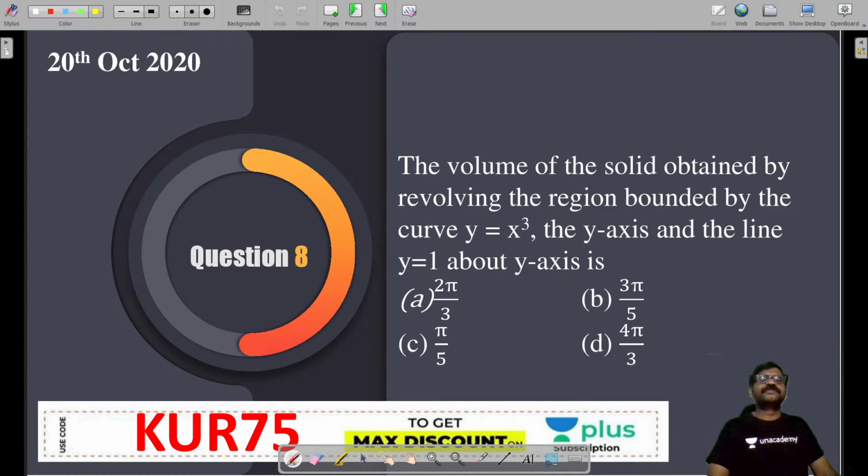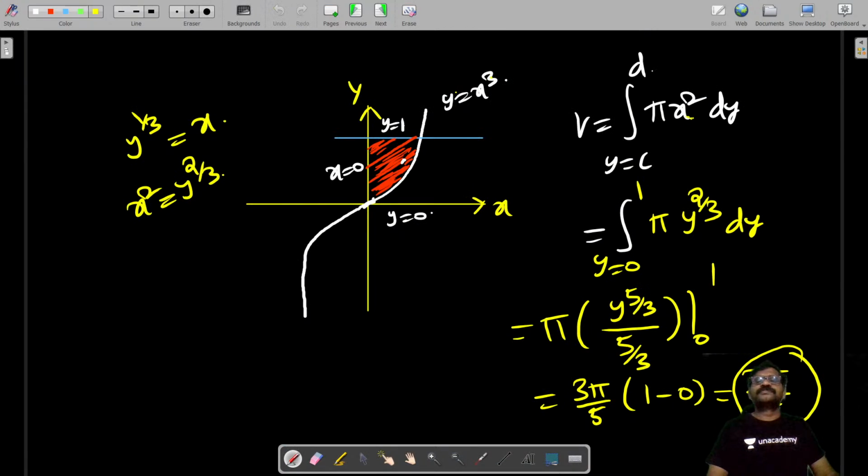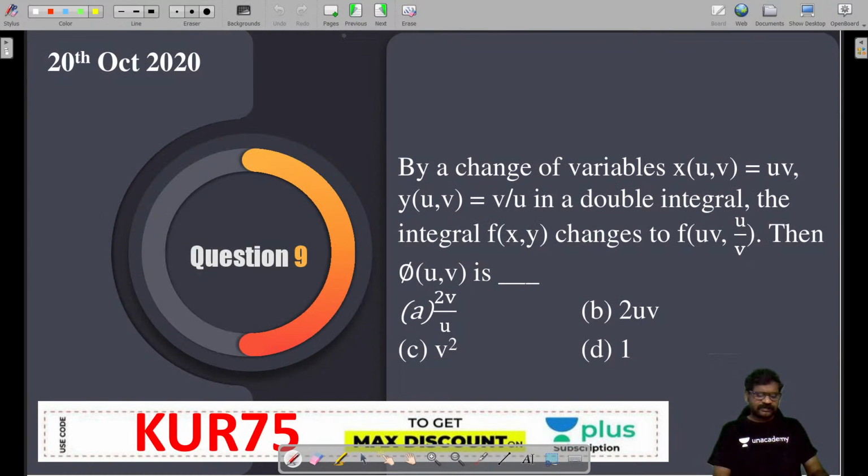Second option. Since it is around the y-axis, I have written pi x square. So, x cube equal to y, so x square equal to y power 2 by 3.